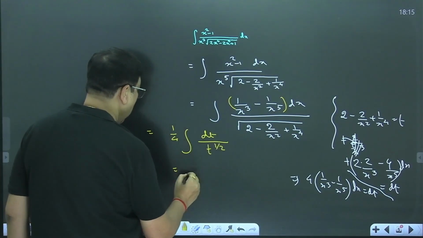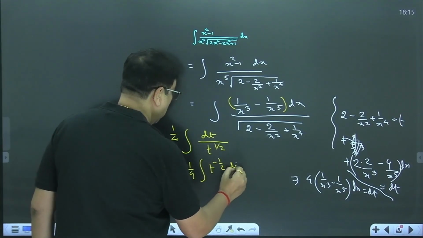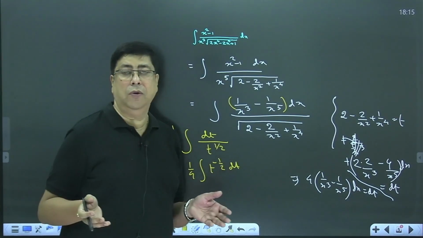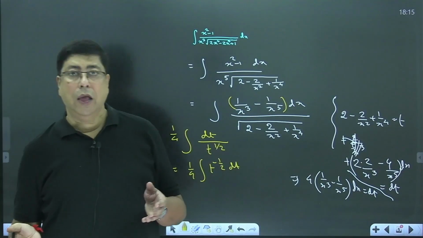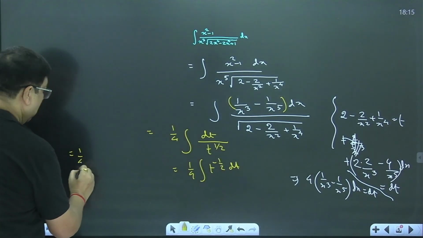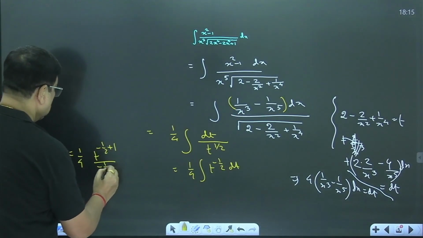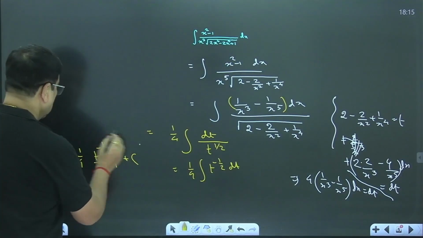Therefore, take it up as t to the power minus half dt. The formula for x to the power n is x to the power n plus 1 by n plus 1. So I am writing here 1/4 t to the power minus half plus 1 by minus half plus 1, plus c. So the sum is over.